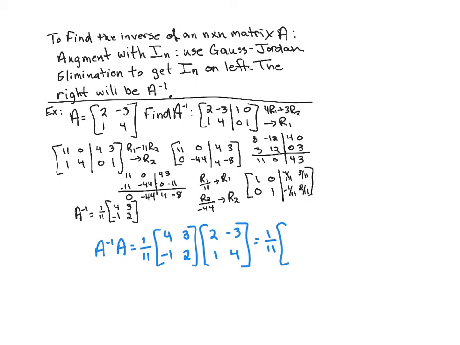Multiplying the top row by the first column gives me 8 plus 3 is 11. Second column gives me -12 plus 12. Second row, first column gives me -2 plus 2. Second row, second column gives me 3 plus 8, 11. Distribute that fraction, 1, 0, 0, 1, and it checks out. Good on you. Now let's try a 3 by 3.